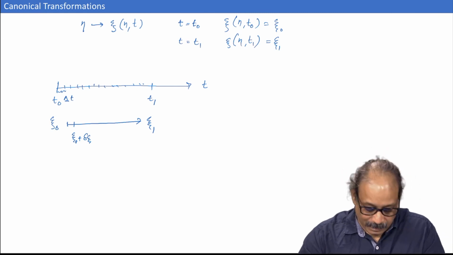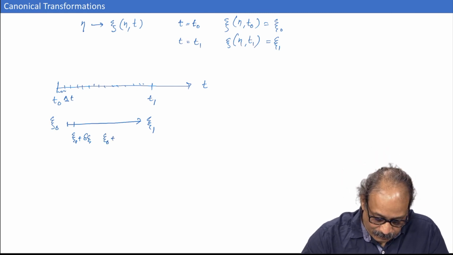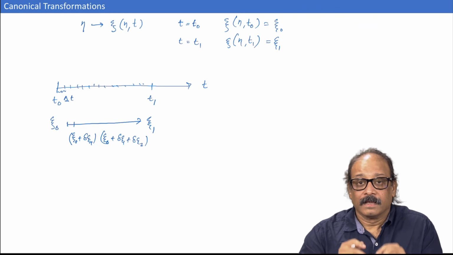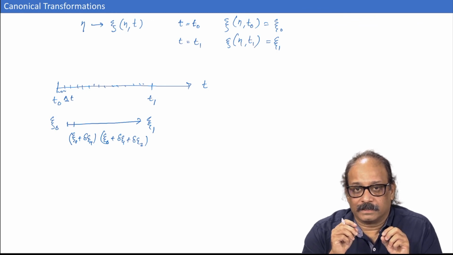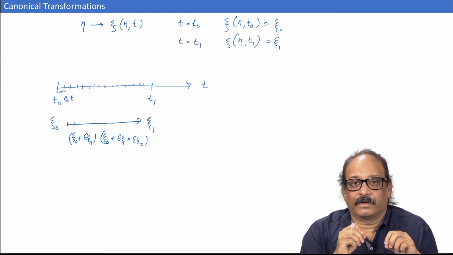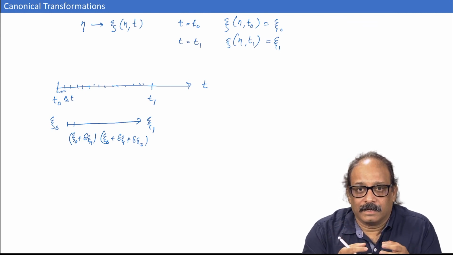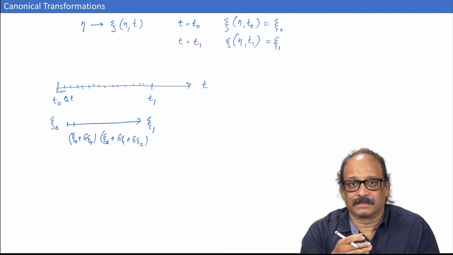In the next step, you go to xi 0 plus delta xi 1 plus delta xi 2. So, you would be making several steps, but what is the transformation between xi 0 and xi 0 plus delta xi 0? It is canonical if the transformation matrix is symplectic.